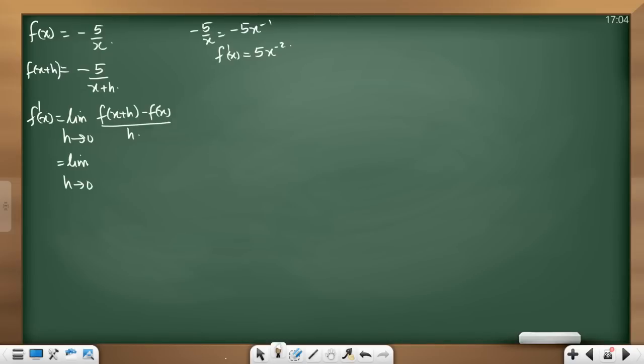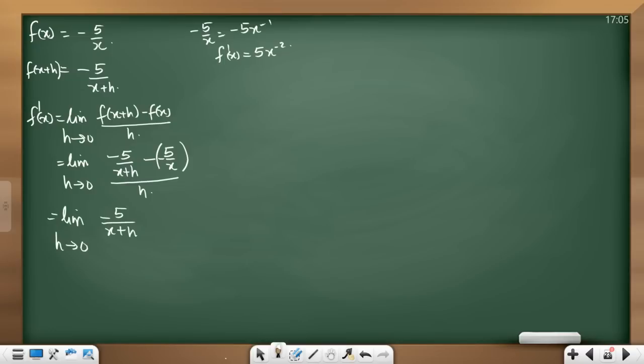We replace it because we've done it outside, right? Makes sense. -5 over x plus h minus, what is f of x? Please, bracket. Please, take your time. Now, limit as h approaches what? 0. Let's expand.